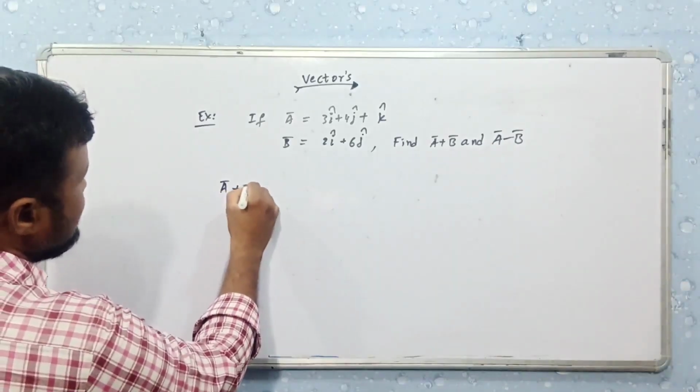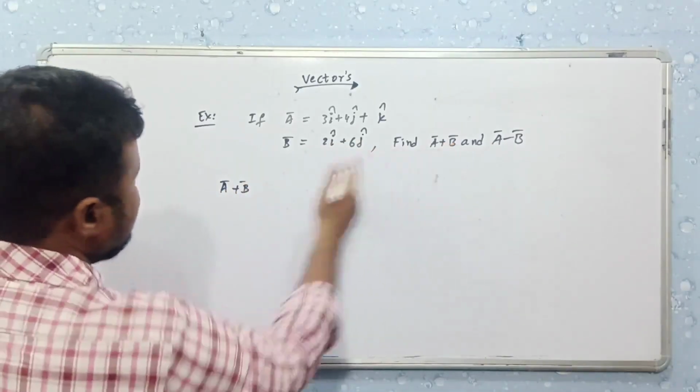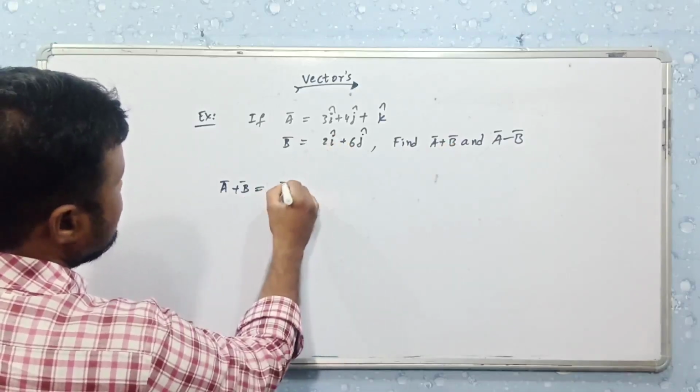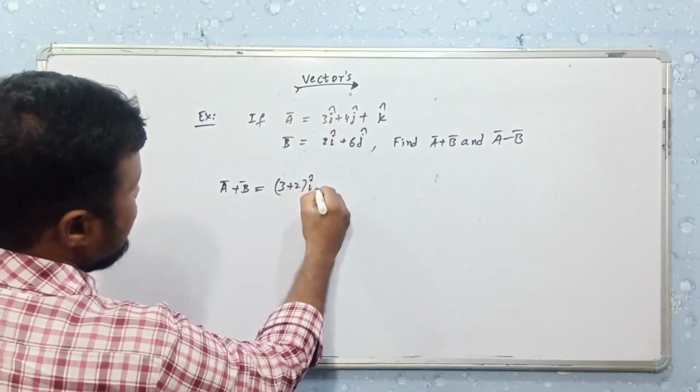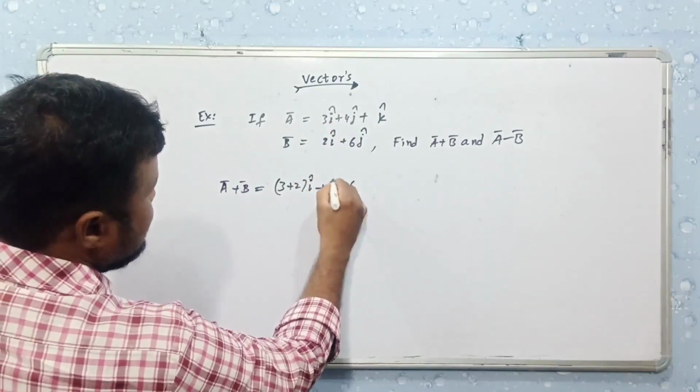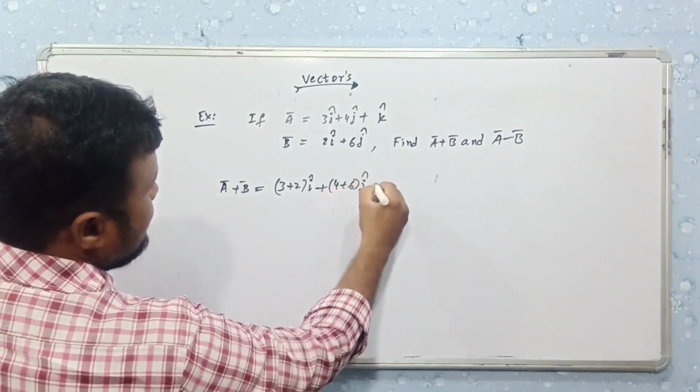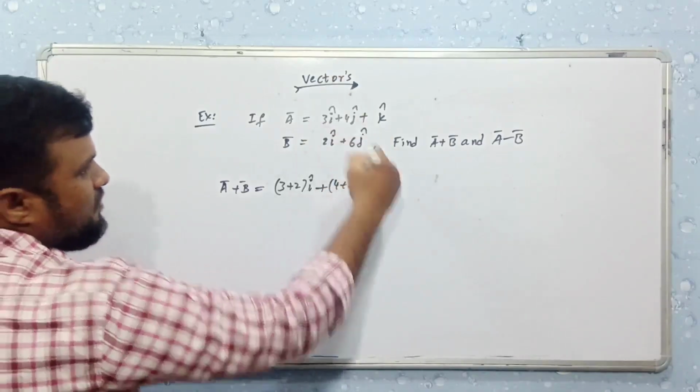So A bar plus B bar. First I will do addition of two vectors. 3 plus 2 i cap plus 4 plus 6 j cap plus k coefficient 1 only.